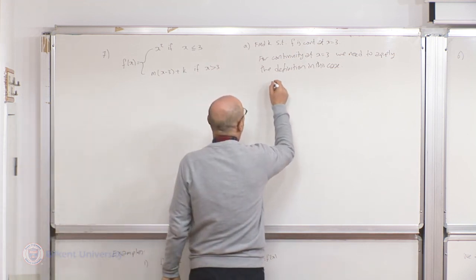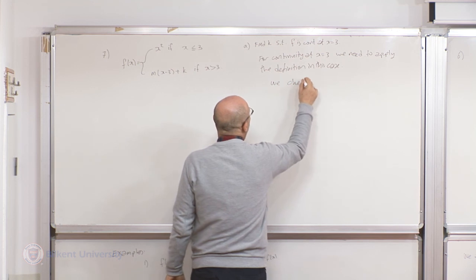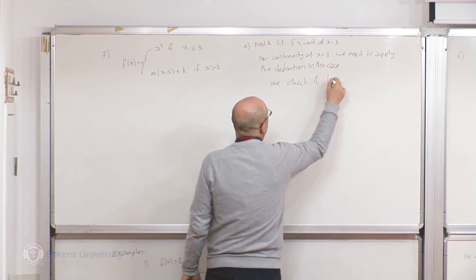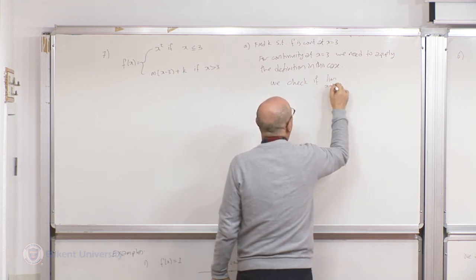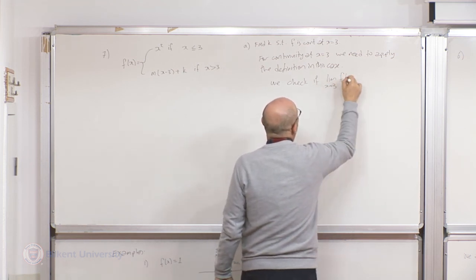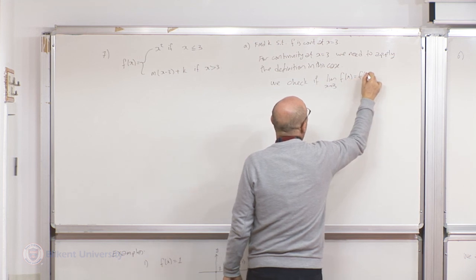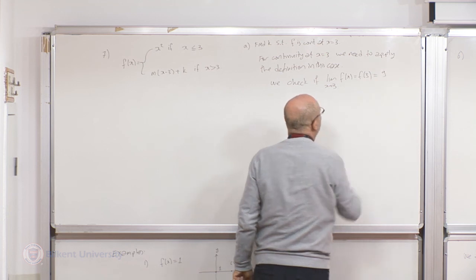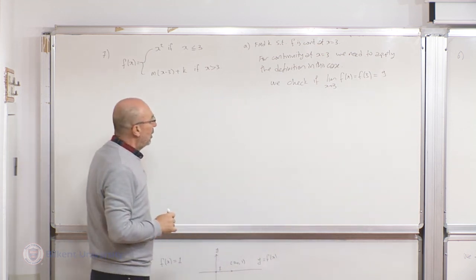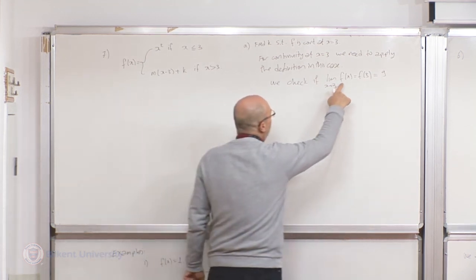We check if the limit as x goes to 3 of f of x is equal to f of 3. Okay, so f of 3 is 9. I know this from the definition. Okay, so this is what I have to check.